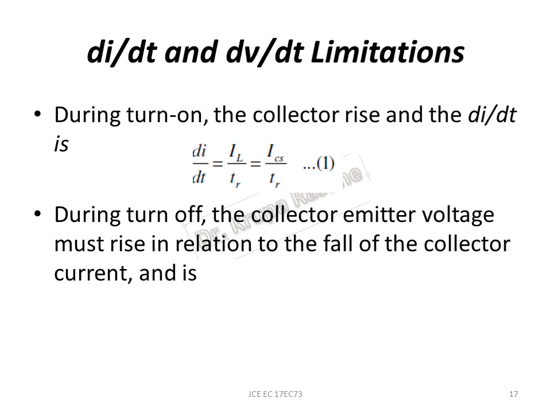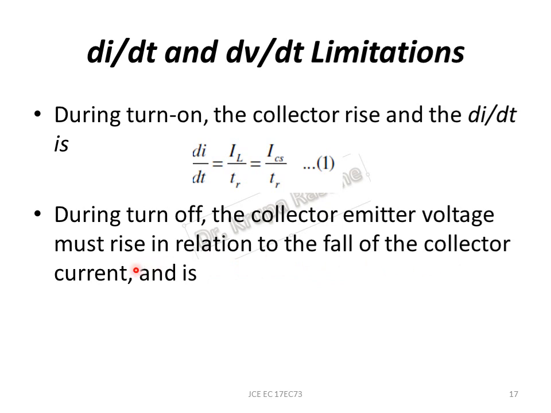IL is nothing but the load current, which is the collector current, so I can replace it by ICS upon TR. So during turn on, the collector current rises, and that rise in current we call di by dt.